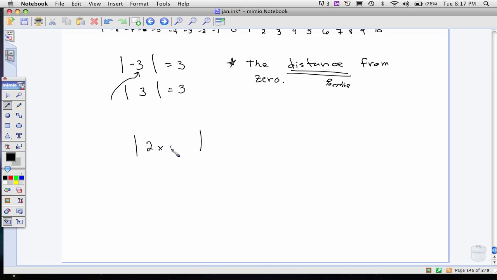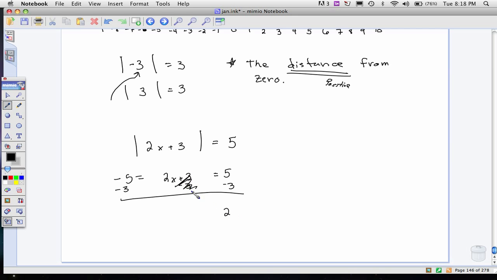For starters, say it's something like the absolute value of 2x plus 3 equals 5. I can set this up equal to +5 and -5, because there are two answers. I can have -5 inside of here and +5. So I'm going to fill in the middle, 2x plus 3, subtract 3, and don't forget that you have another side of the equation.